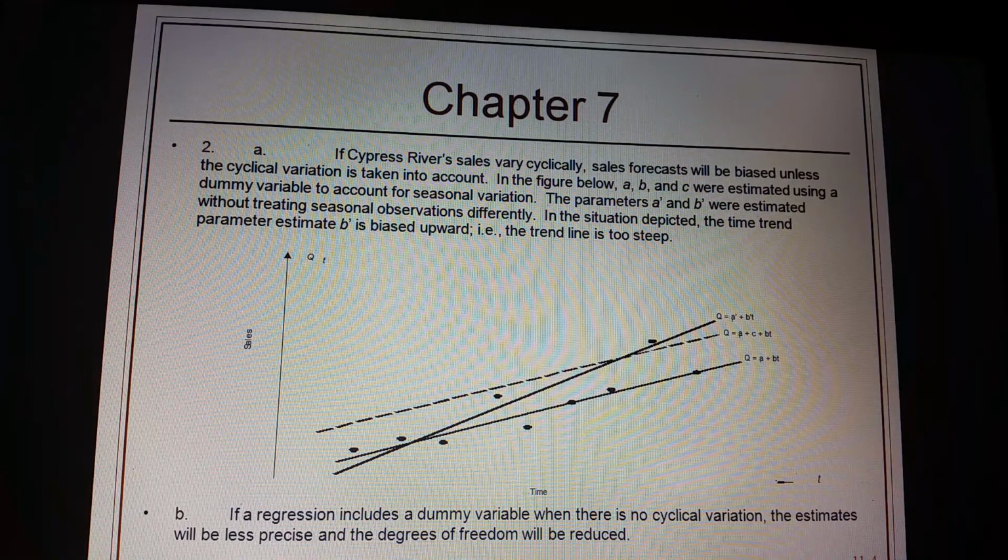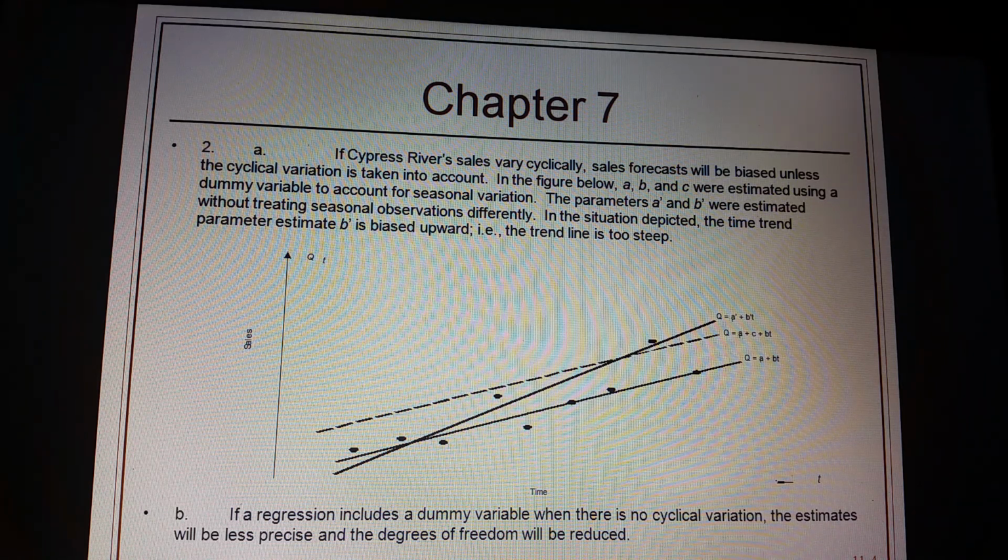Basically what you want to say is the omission of seasonal variance will overestimate the numbers and errors will exist in some sort of way. The second portion of the question asks, alternatively, suppose there is in fact no seasonal pattern to sales and the line is estimated using dummy variables to account for seasonality.